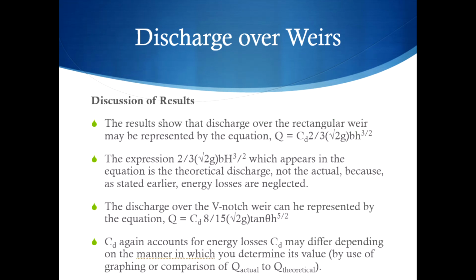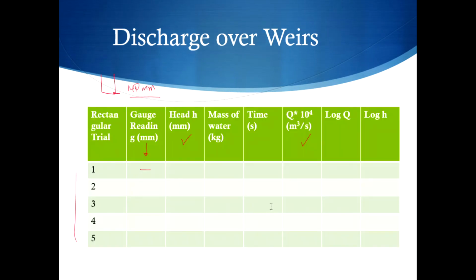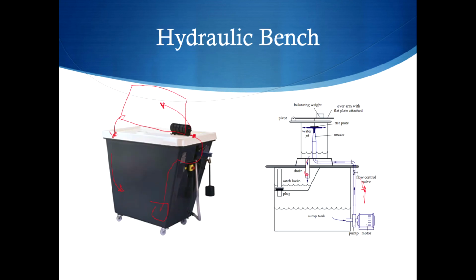A little bit of the discussion of results in here. Actually, let me explain right now how to get our time and how to get the flow rate before the discussion. You can see here that we have our hydraulic bench. Our open channel flow apparatus will be located at the top of the hydraulic bench.